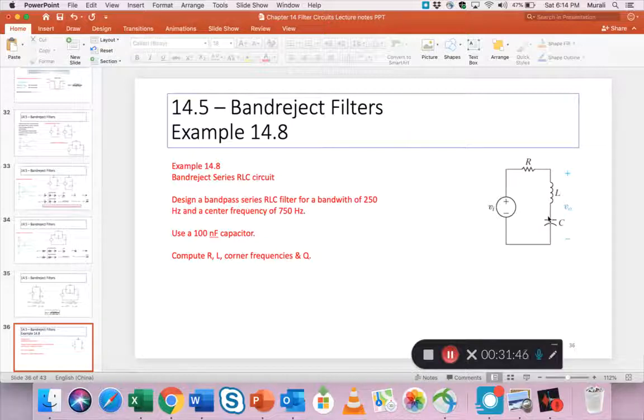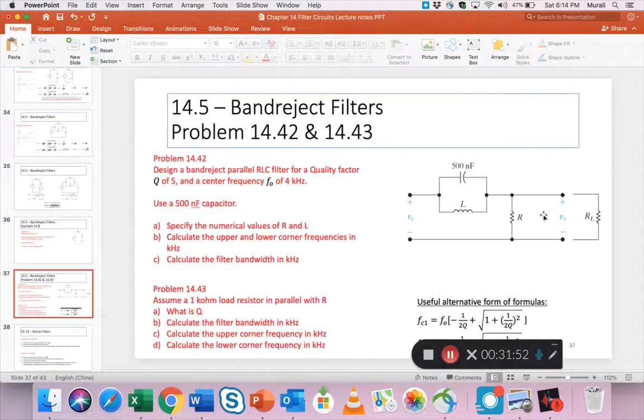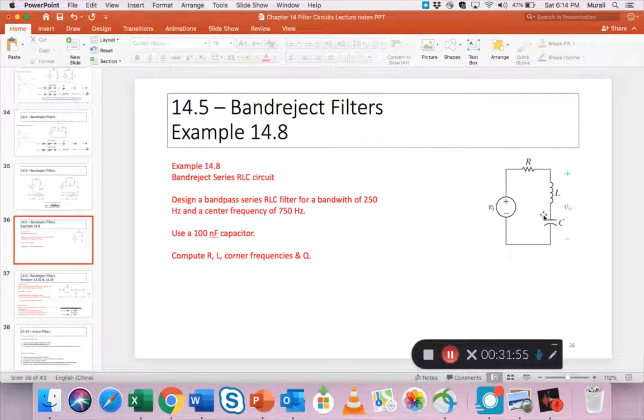This is a simple series RLC circuit, and the output, as you can see, is across L and C, and he has given us some requirements. He's given us a bandwidth of 250 Hertz, the center frequency has to be 750, and he says use a 100 nanofarad capacitor. So lots of things have already been given. Compute R, L, and the corner frequencies and Q.